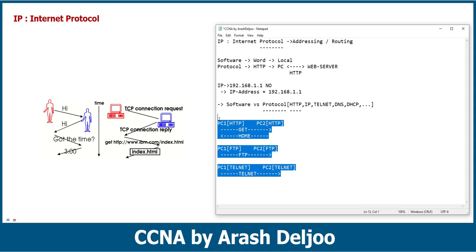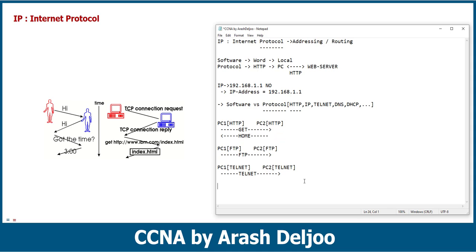Also, we learned about some of the protocols in the network world, and finally we compared the protocol with the real world, where this is, for example, the same language between two persons, and also we learned about the protocol between two PCs. Now we can better understand the concept of protocol. Very good.